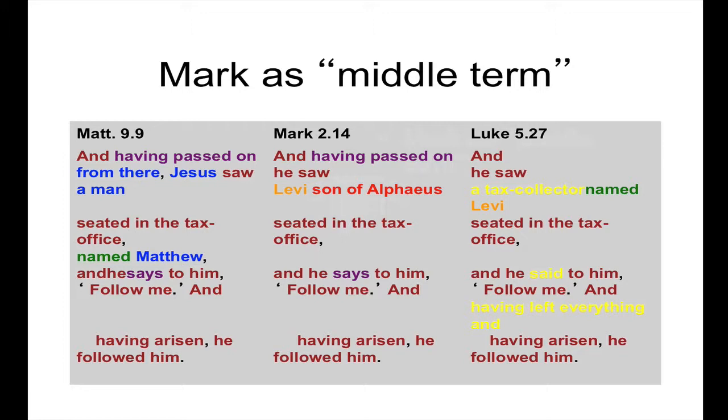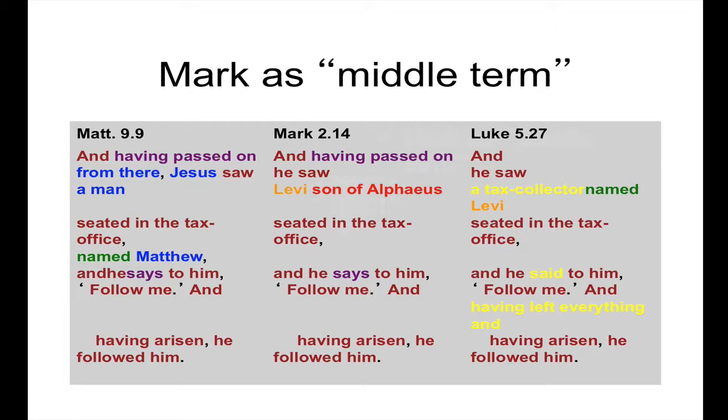We come further down, and there are even small similarities and differences. Matthew and Mark have the present tense of the verb, he says to him. Luke has an aorist tense of the verb, past tense, and he said to him. Luke adds an extra clause, having left everything. You get the point. What you find here is Matthew and Mark agreeing, Luke and Mark agreeing, but rarely Matthew and Luke agreeing against Mark.